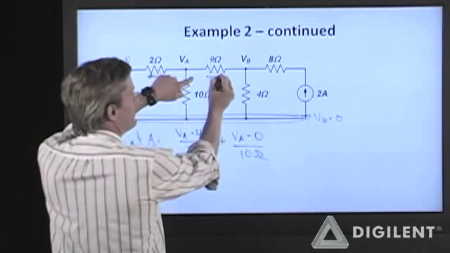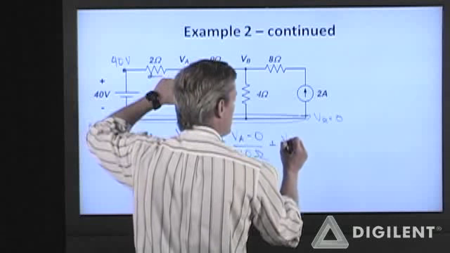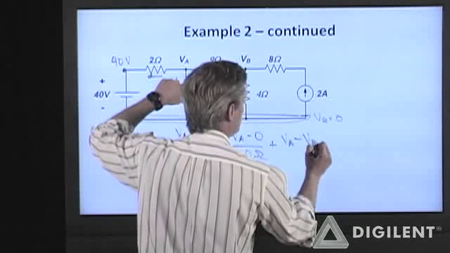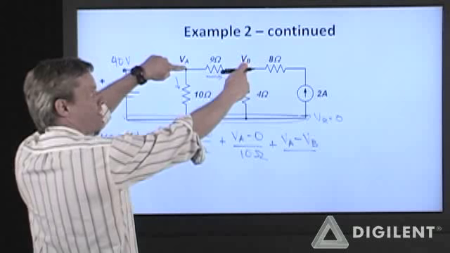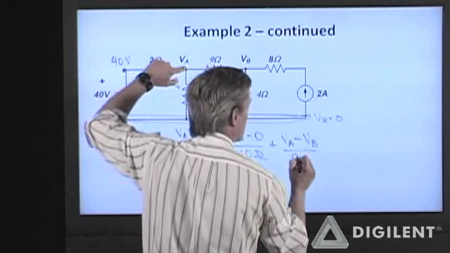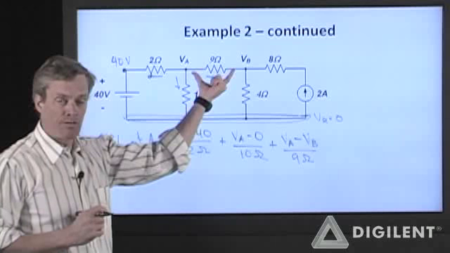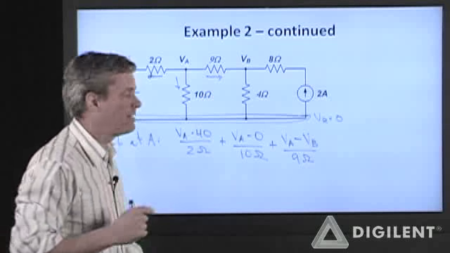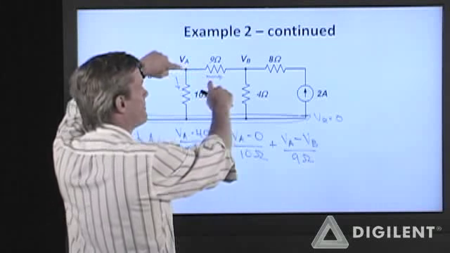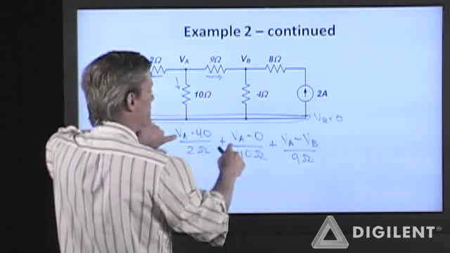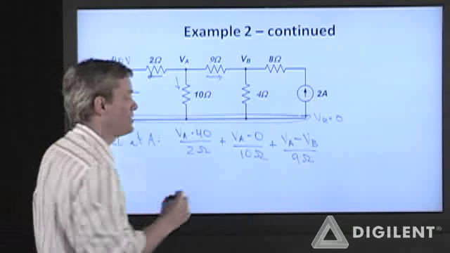And the current through this 9 ohm resistor is V sub A minus V sub B, the voltage difference across the 9 ohm resistor, over 9 ohms. Notice that my voltage differences all are indicative of the fact that I'm assuming positive current is leaving this node. V sub A comes first in each of these expressions.